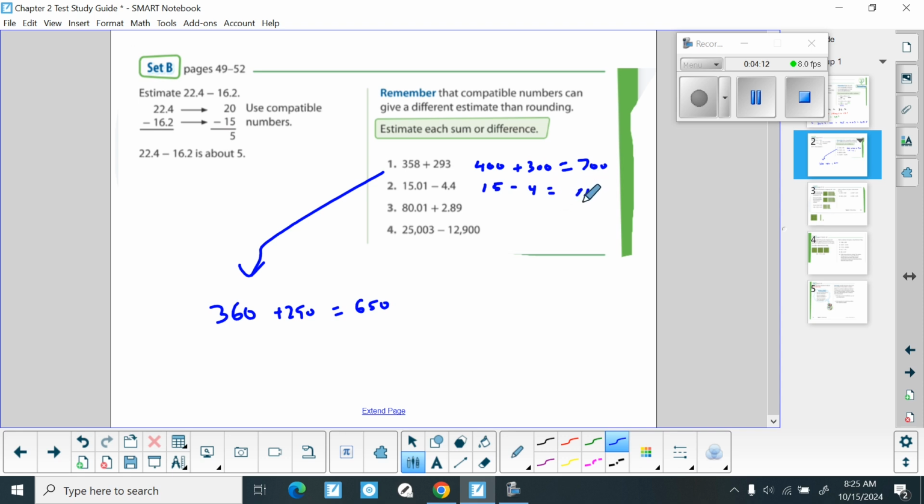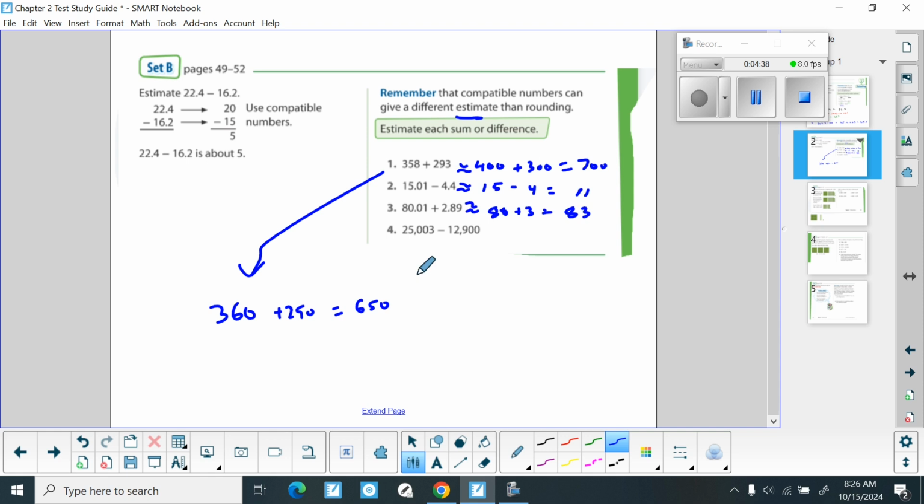Once again, we are estimating in this section. We're not actually answering the actual answer. Here we have 80 plus, this is about 3, so 80 plus 3 is 83. All right, and I should really put that these are approximately equal to. All right.